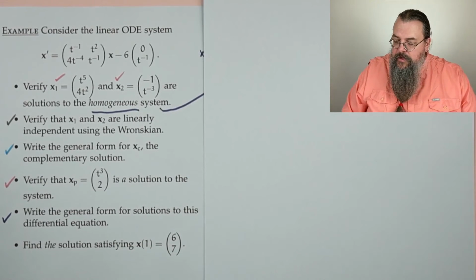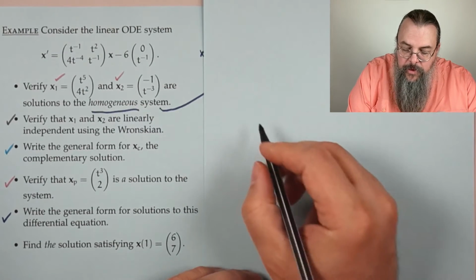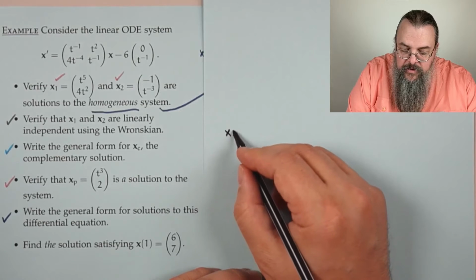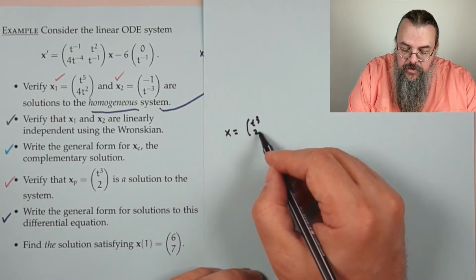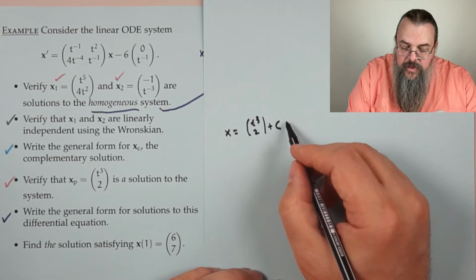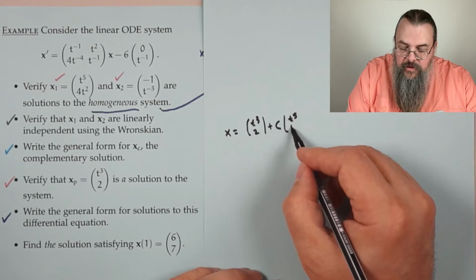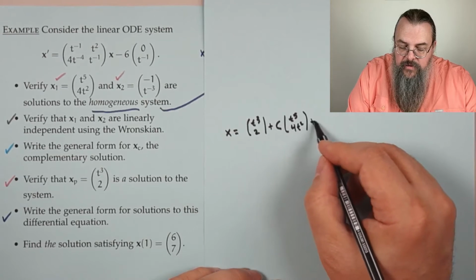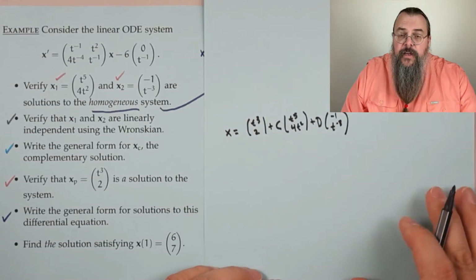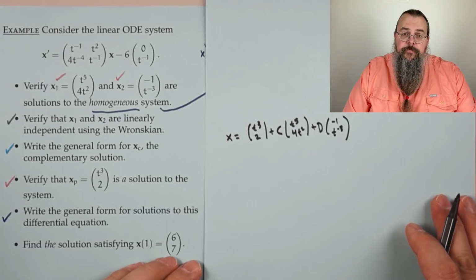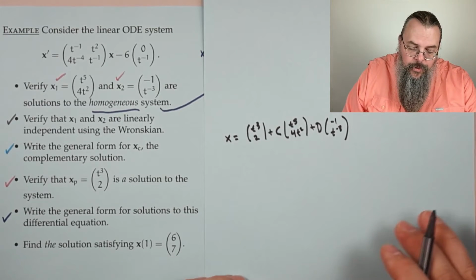Okay, so quickly we'll rewrite what is our x. Our x looked like our particular solution, t cubed 2 plus some constant c, t to the 5th, 4t squared, plus some constant d, minus 1, t to the minus 3. Okay, so there's x.